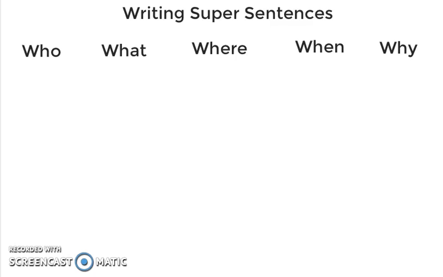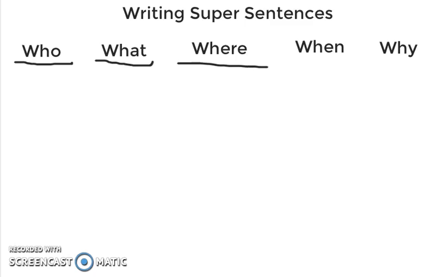As you know, a sentence has five main components in order to be considered a super sentence. The first component is the who of the sentence. This is your subject, who you're talking about. Then you have the what, and this is the action or the verb that the who or the subject is going to be performing.